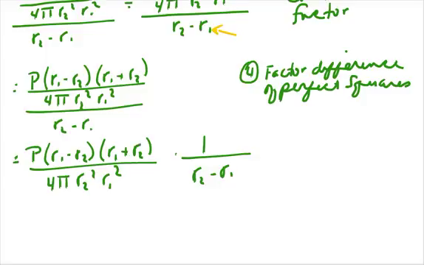Now, this looks very close to this, but be careful because the order is not quite right. So I know I can cancel them out if I employ one more algebraic trick, and that is factoring out a negative sign.